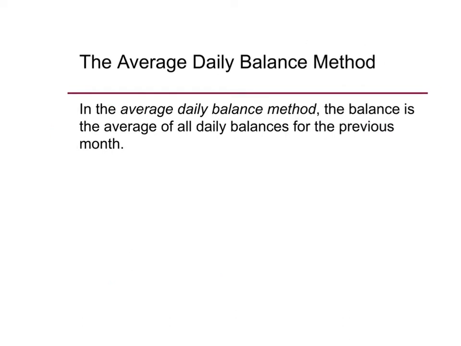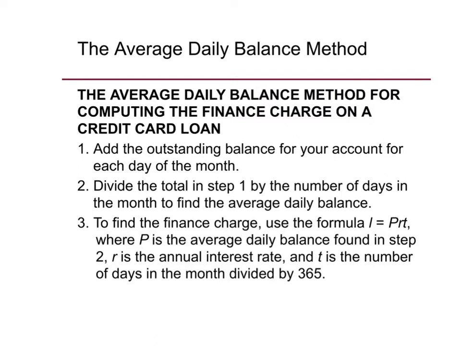The third type of loan that we encounter in this section is called the average daily balance method. It's similar to the previous example, but we find the average of our balance for every day of the previous month. The steps: we add the outstanding balance for your account from each day of the month, divide the total in step 1 by the number of days in the month to get my average daily balance.